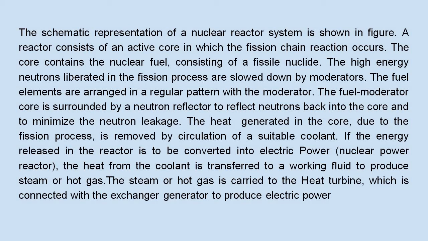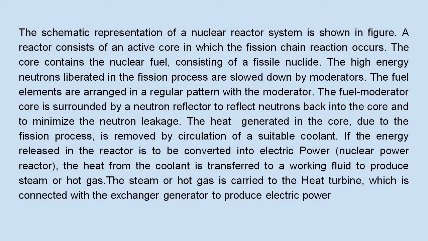A reactor consists of an active core in which the fission chain reaction occurs. The core contains the nuclear fuel consisting of a fissile nuclide. Fissile means which can be made to undergo fission. The high energy neutrons liberated in the fission process are slowed down by moderators.